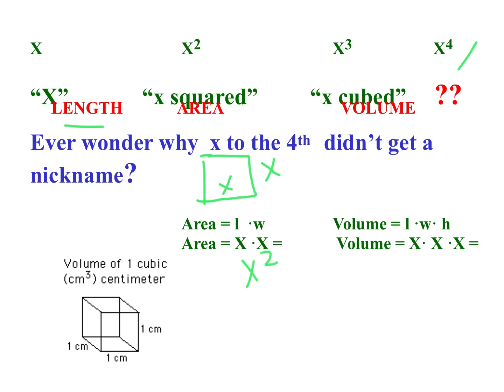And that's where the word x squared comes from. It's referencing the formula for area. And nobody ever told me that when I was first learning about exponents. And so when we look at the word x cubed, we're really referencing volume.